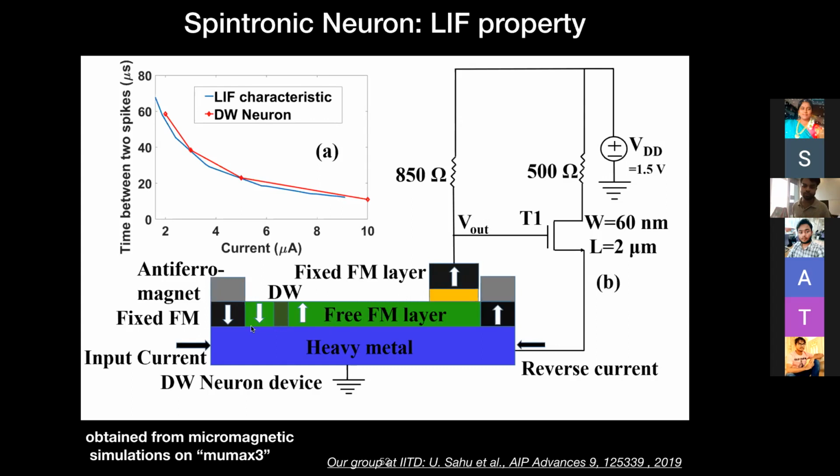Any position is the integral of velocity over time, right? And if the velocity is proportional to the current, which is proportional to the input, then the position of the domain wall becomes an integral of the input current over time. So the domain wall device does follow a leaky integrate fire neuron property.